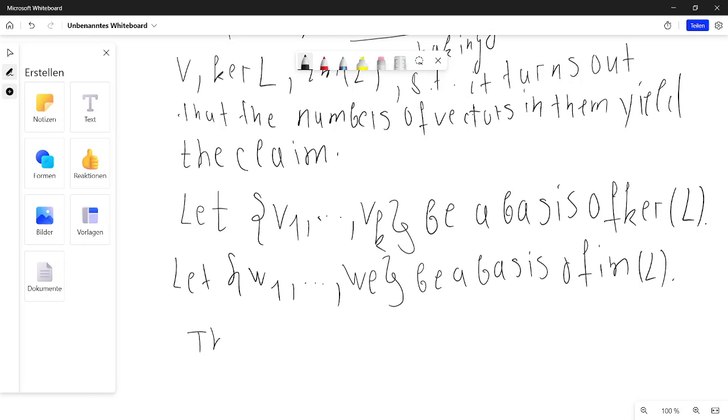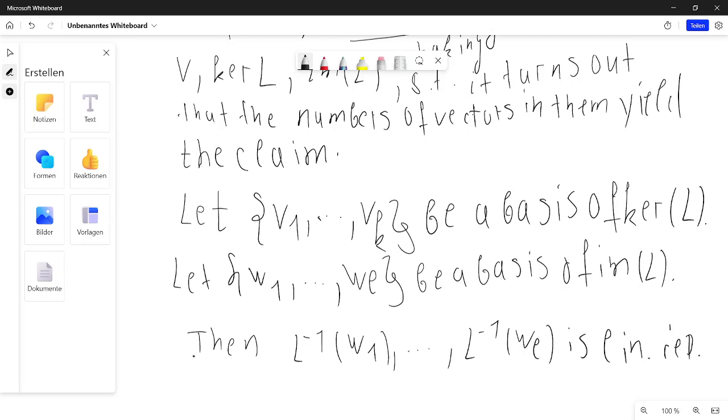Then, since that is a basis, L minus 1 of W1, to L minus 1 of WL is linearly independent. We know it works for any map. We have it for any linear map, so that's linearly independent.